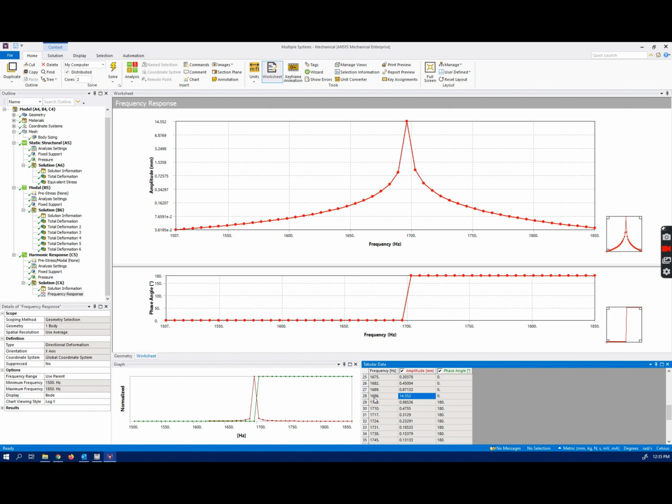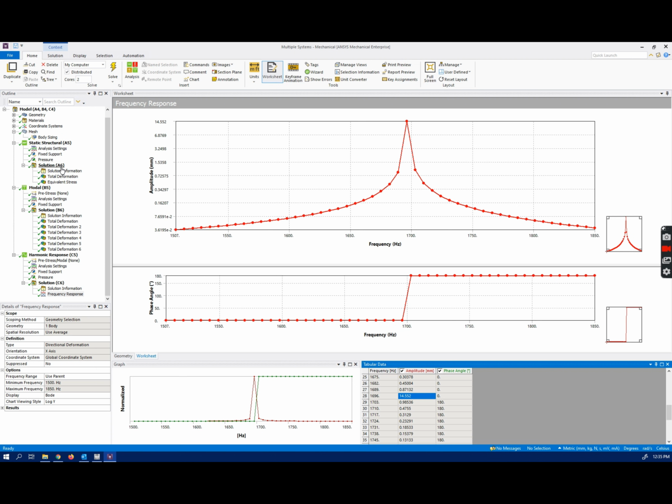So this frequency, 1696, or around this, is the frequency we should avoid, and so go back to your design and change it and try to avoid this frequency or the condition of your design.